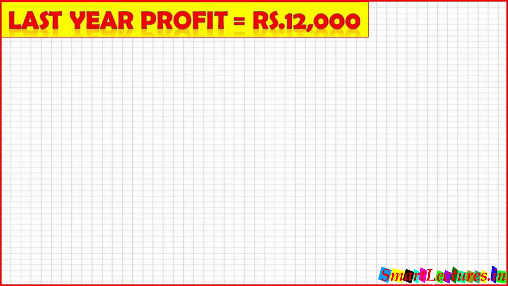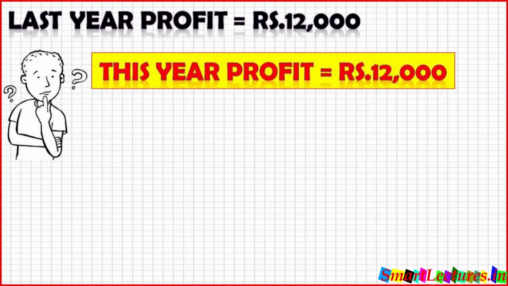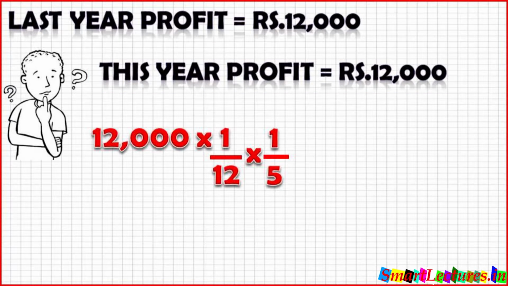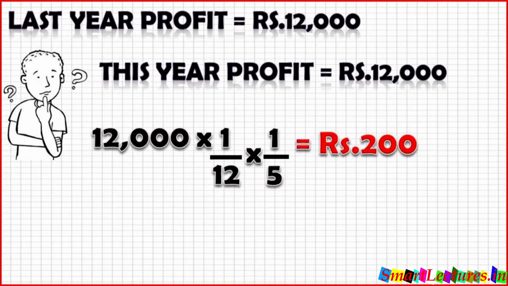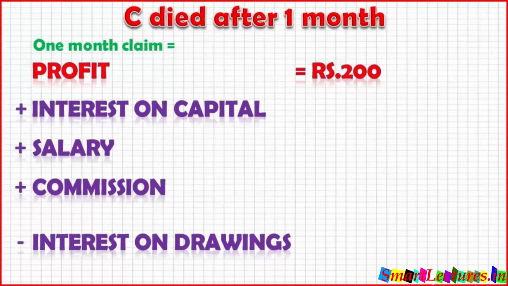So last year profit was 12,000, so we are going to assume that this year profit will be 12,000. So he is entitled to 1 month profit and 1/5 share. So that will be equal to 12,000 into 1 by 12 into 1 by 5. That is equal to 200 rupees. So as per our table, net profit is 200.